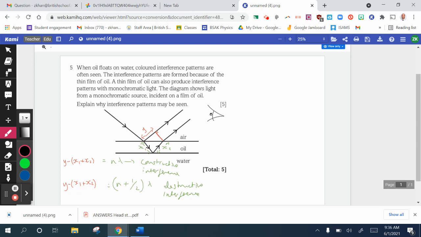So why would you get this path difference? Okay, where does that come from? Because the rays all originate from the single source. So this ray is traveling this distance here. This ray also splits and travels this, and this distance.